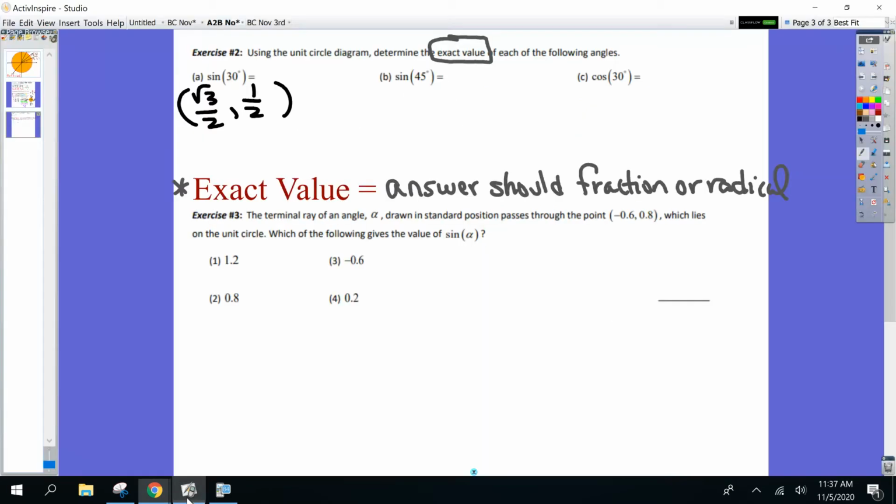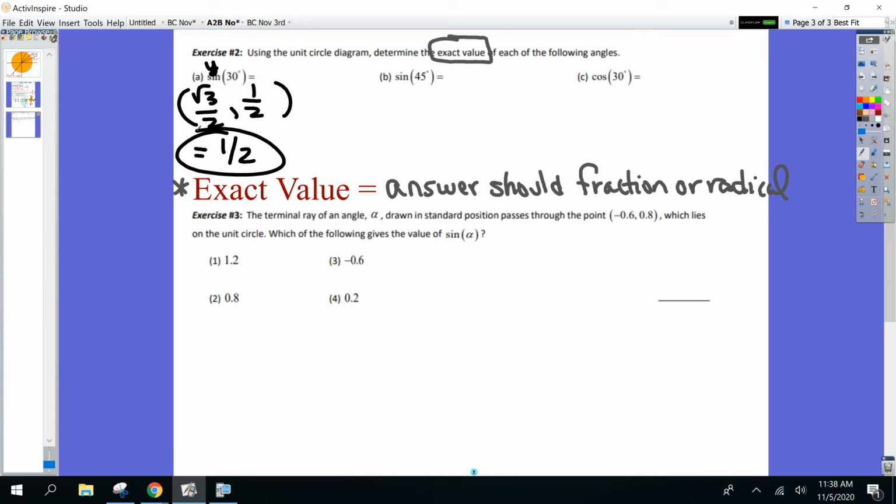The y, which is 1/2. So the sine of 30 is equal to 1/2. Done. I just needed to remember the y coordinate is sine, cosine is x.